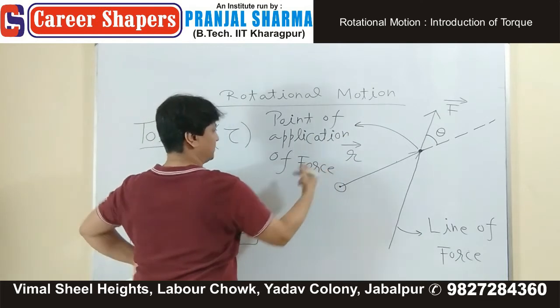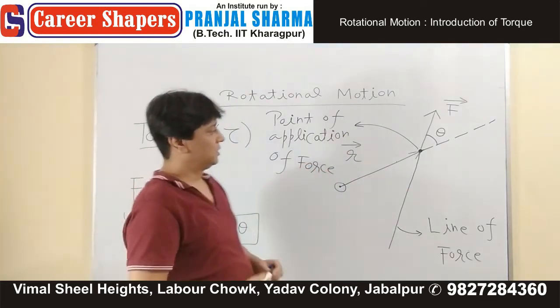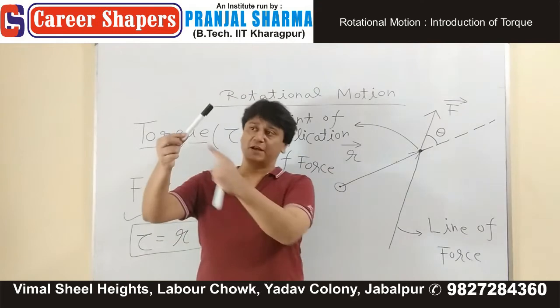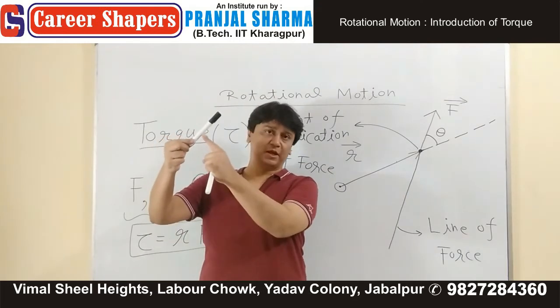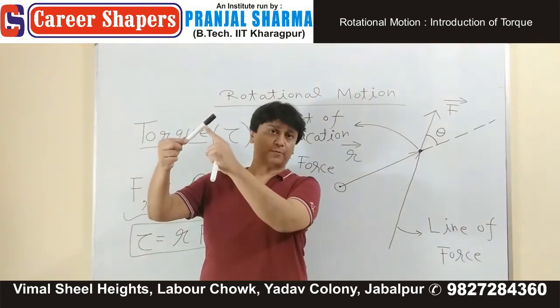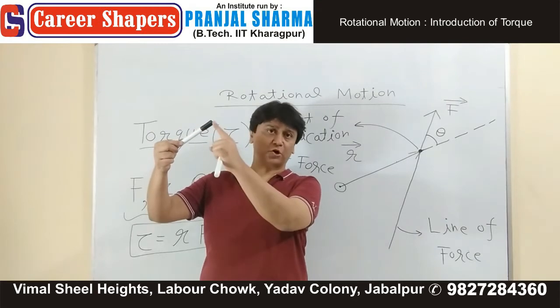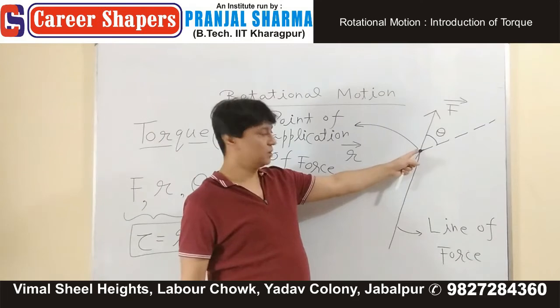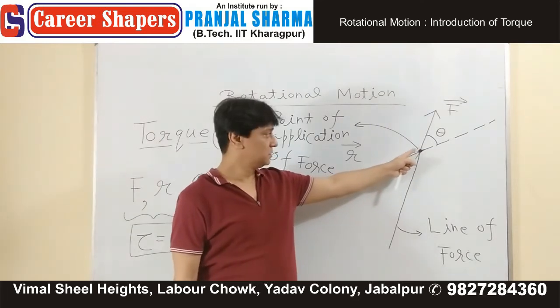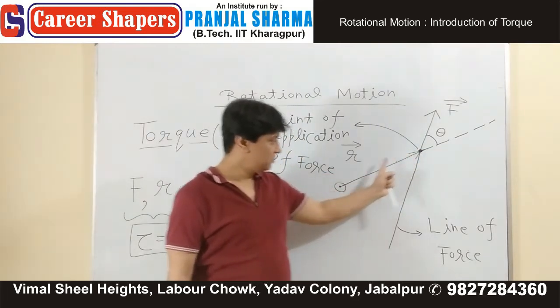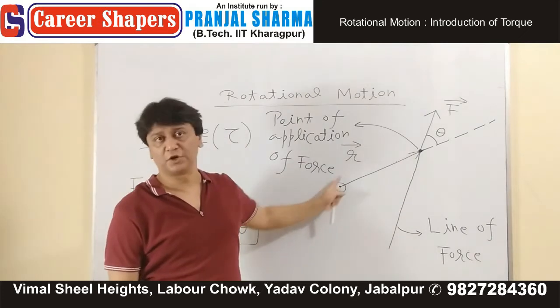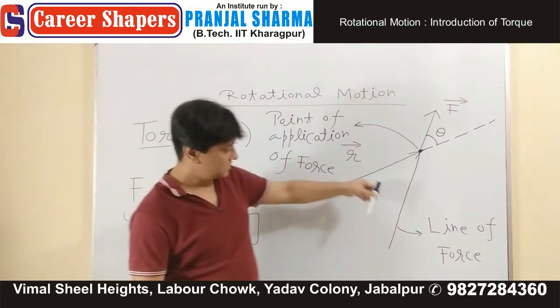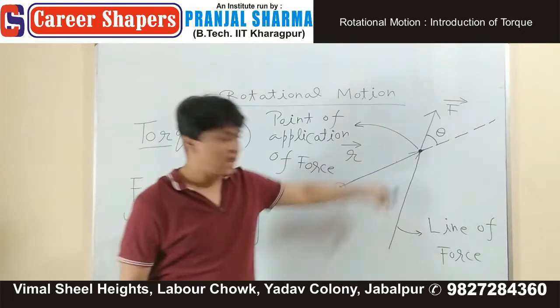You can also write like this. If force is acting over here, this is the point of application. If force is acting over here, this is another point of application. So this is point of application of force, and its position with respect to axis of rotation is what? R. What is this? Line of force.